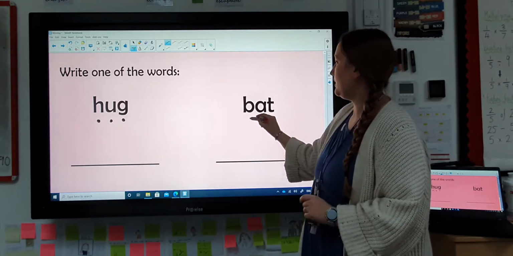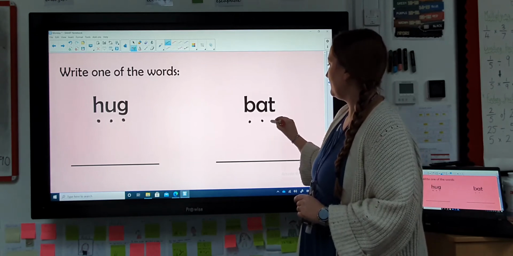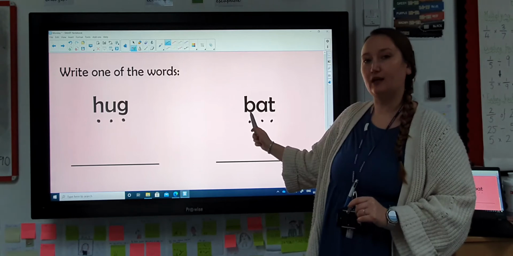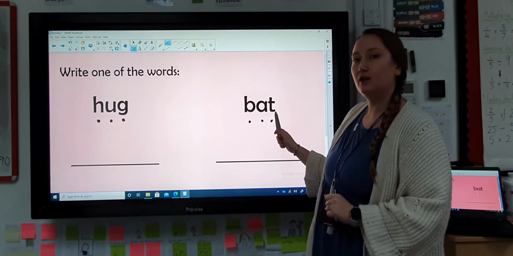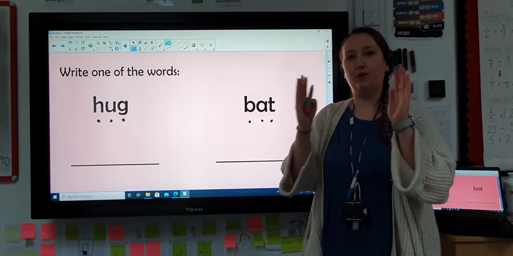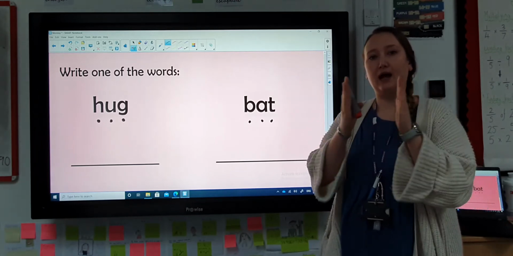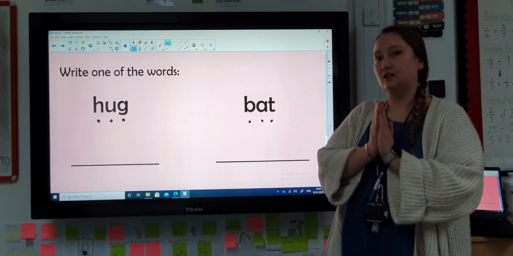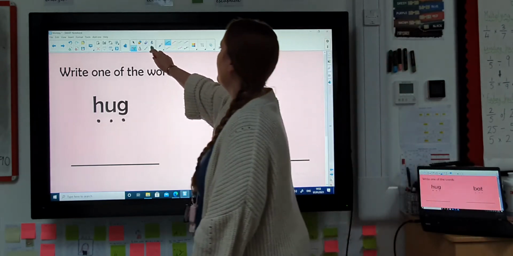And we have got here the phoneme b, a, and t. Okay, so let's blend it together. B, a, t, b, a, t, bat. What is it? Bat.